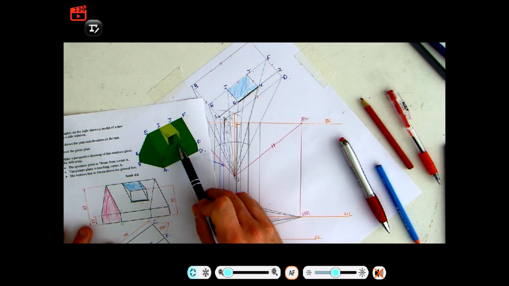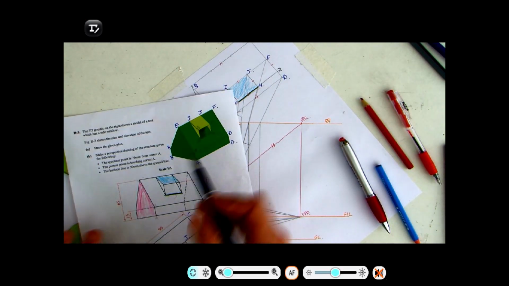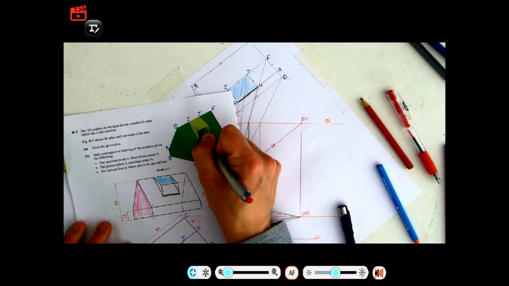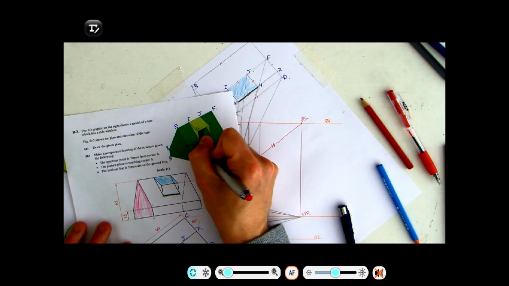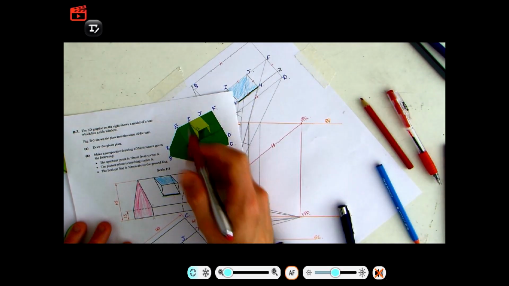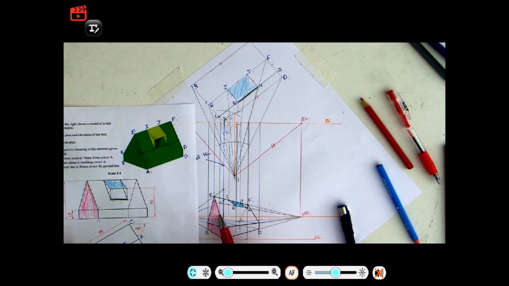If I continue that line on, so if I do this in pen here, if I continue that line on and hit AE here, that is point 1 on the line AE. If I do the exact same activity down here, I'll find point 1.